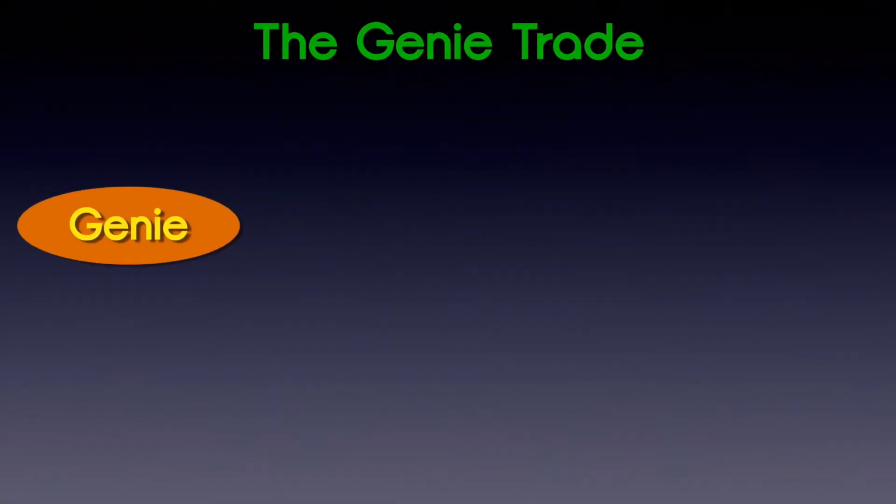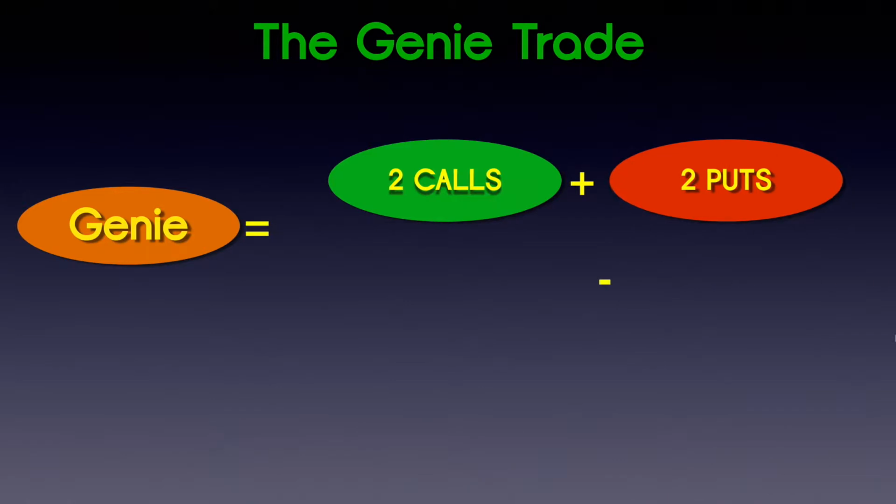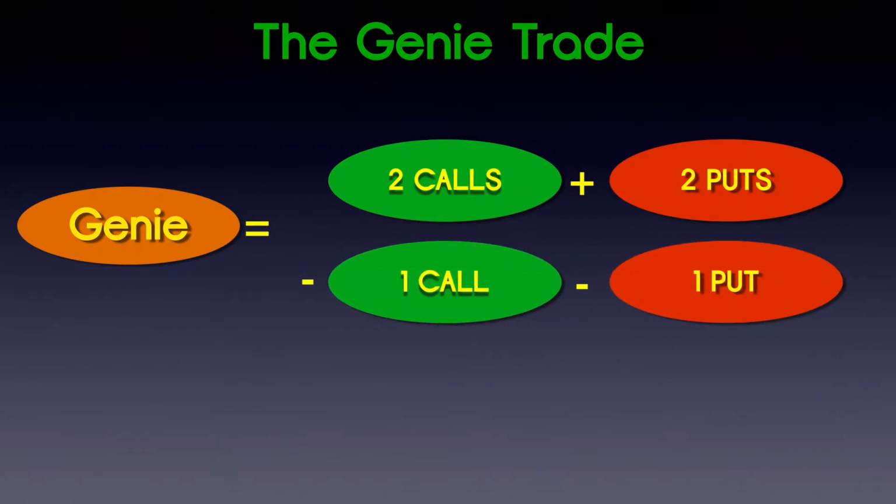We know that the Genie trade is composed of 2 long calls, 2 long puts, 1 short call, and 1 short put. Using synthetics, we can create a new trade called the Seagull. Let me explain.